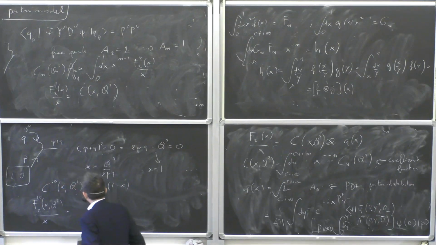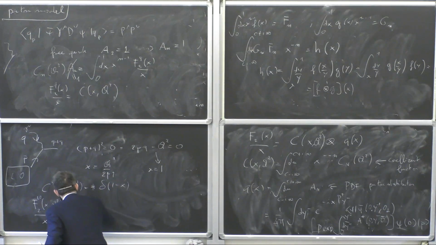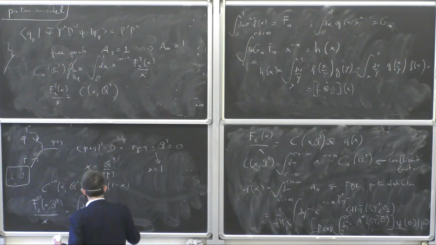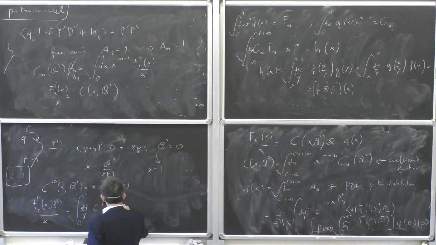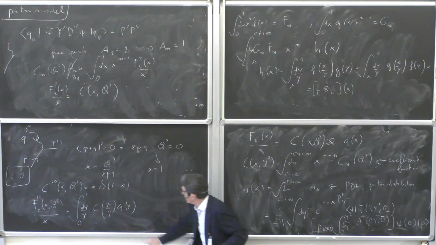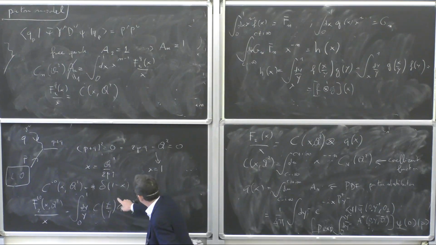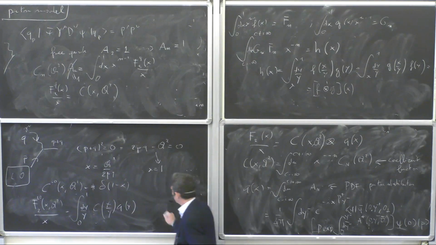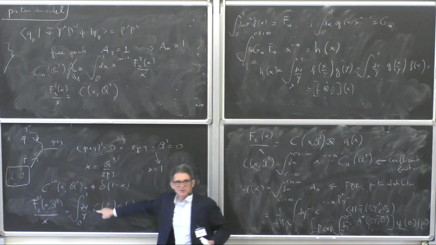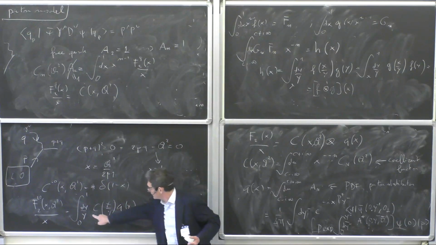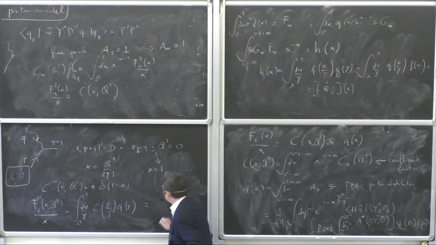is the convolution, so it would be the integral dy over y from 0 to 1 of c of x over y times q of y, but c of x over y is now delta of 1 minus x over y, and this you just substitute, you change variables, this kills the y here, and then you discover that this is just q of x.